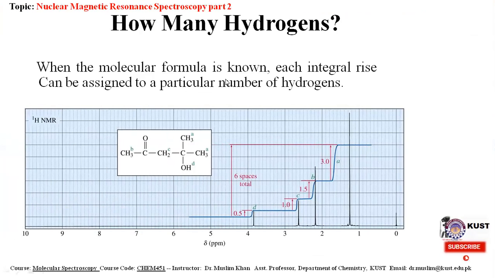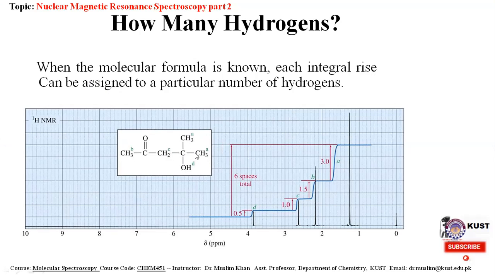So how many hydrogens? When the molecular formula is known, each integral rise can be assigned to a particular number of hydrogen atoms. So here in this molecule, you can see there are 4 types of protons. One is this A, and this A. These two types of protons have a similar environment, attached to a carbon atom which itself is attached to another carbon atom and oxygen.